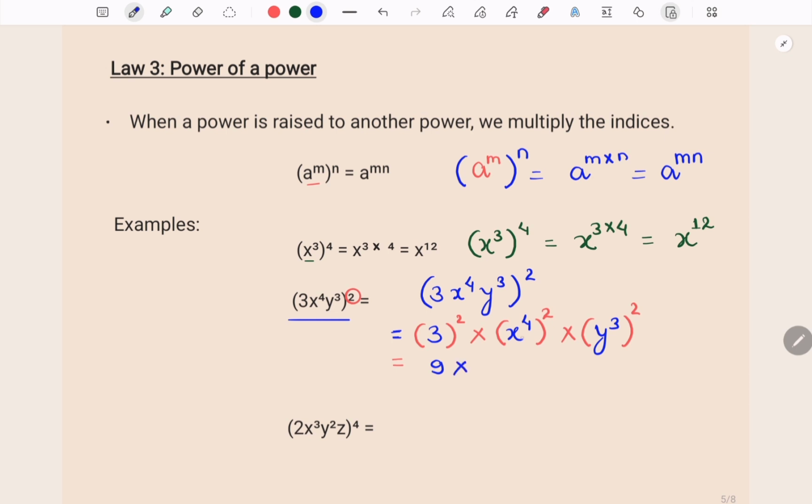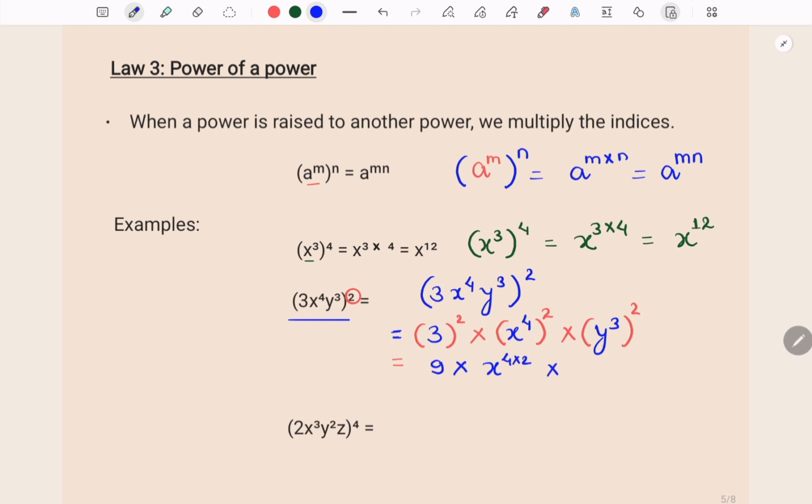Now, here we have x raised to the power 4 and all raised to the power 2. That is power of a power. So power of a power will get multiplied. So that will be x raised to the power 4 into 2.